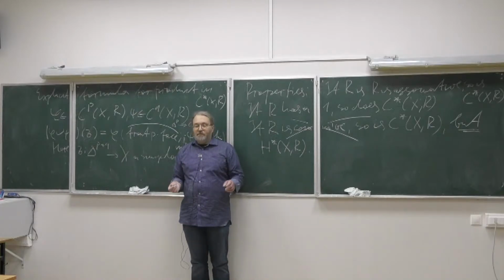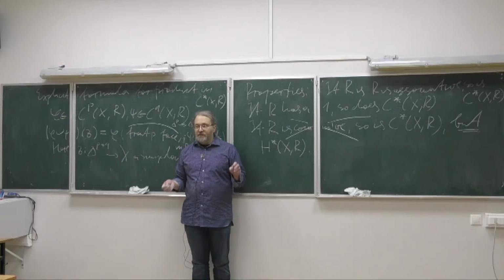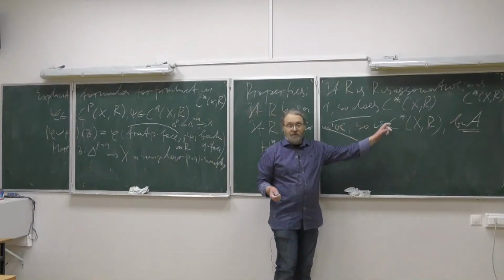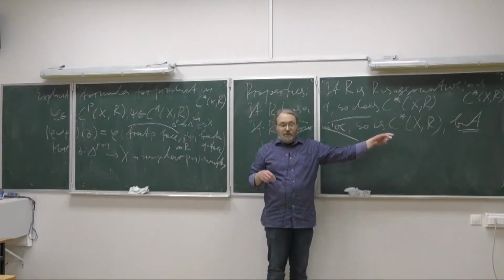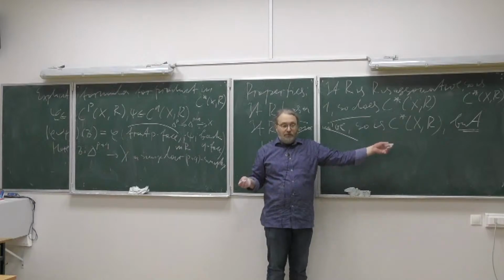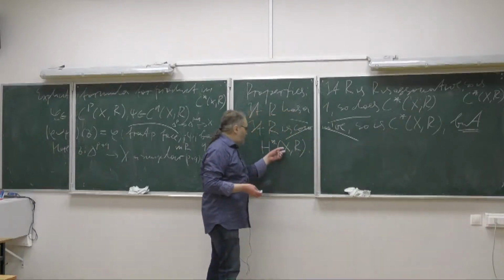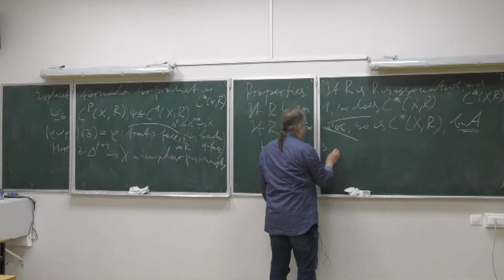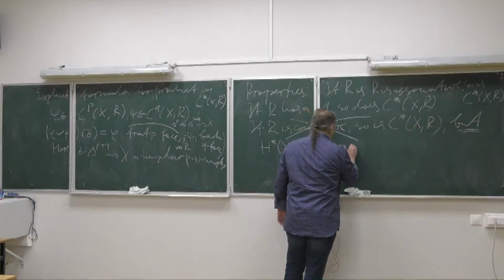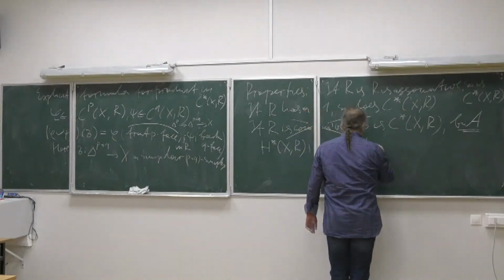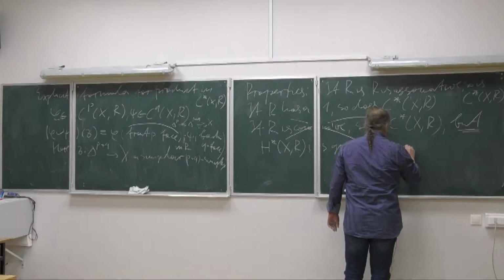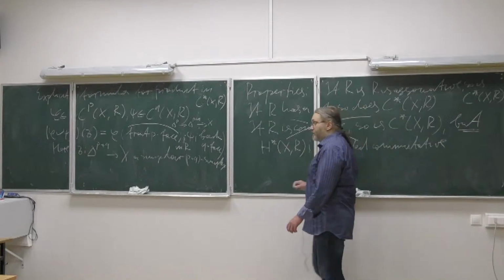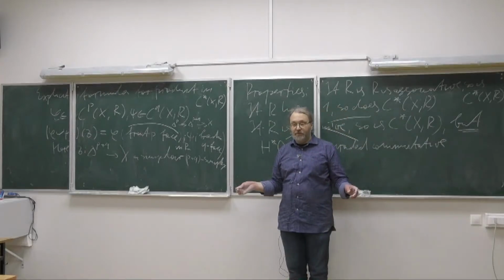But we do have some kind of commutativity, nevertheless. For example, the first good news is that H upper star of X comma R is still commutative.